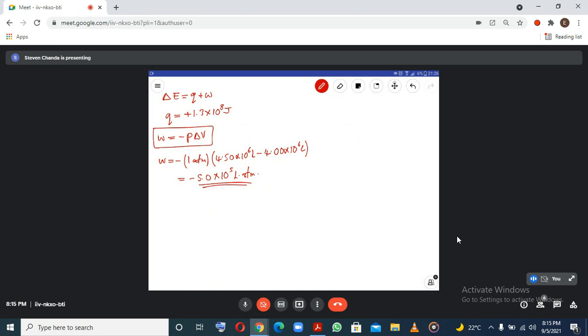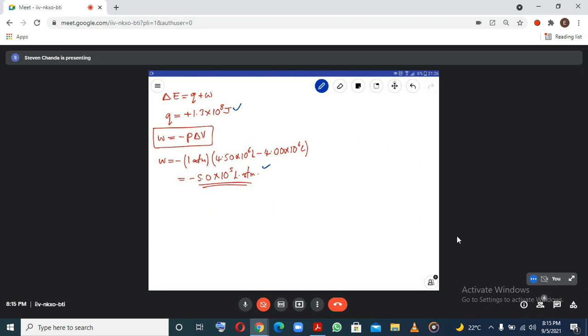I hope that adds up, right? Now look, the heat that we have is in joules, but the work that we have is in liters atmosphere. So we want to convert this liter atmosphere into joules, and once we convert it, we can then add the two.